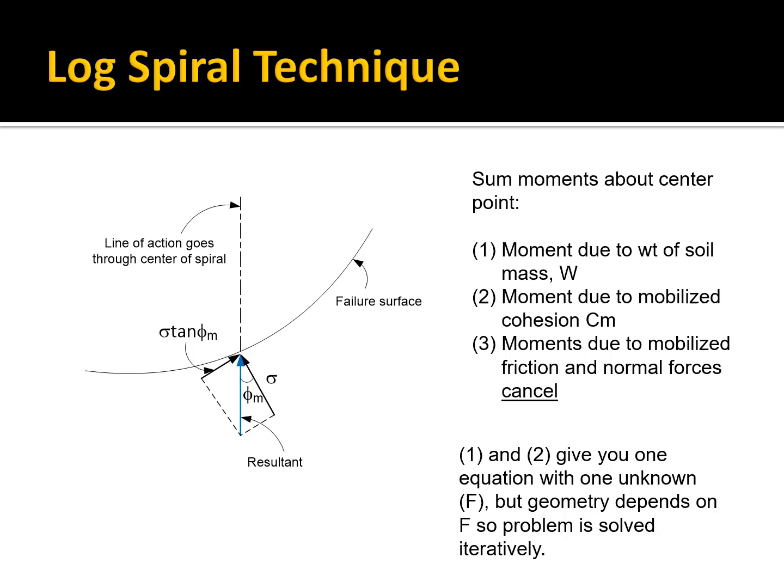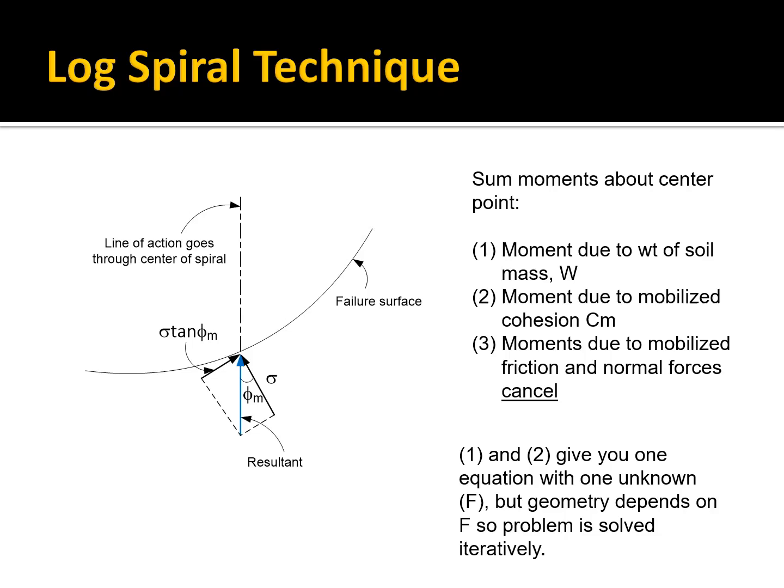This is not the cohesion, but the mobilized friction. The resultant of those two, because of the shape of this surface, ends up going right through the center of the spiral. So if you sum moments, the moments due to these two things cancel.